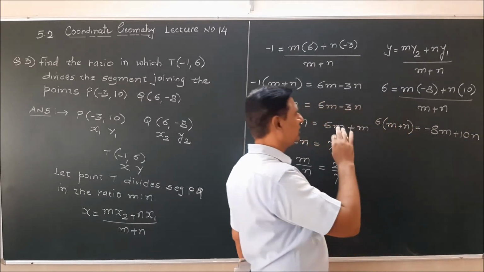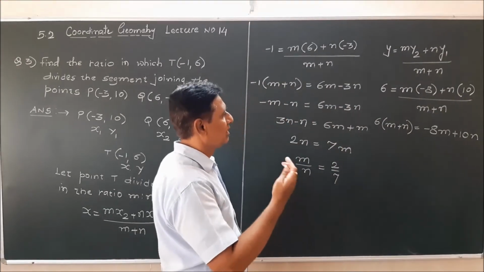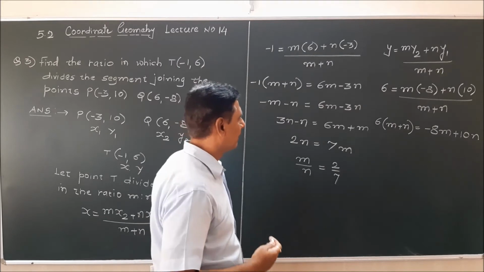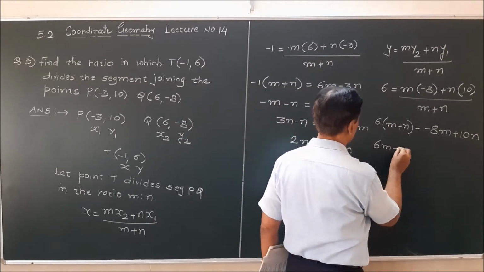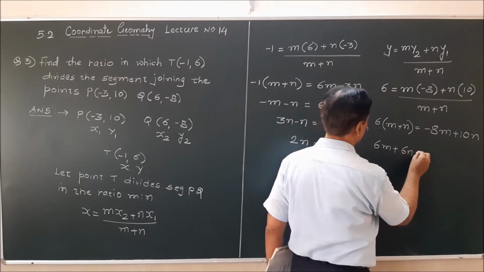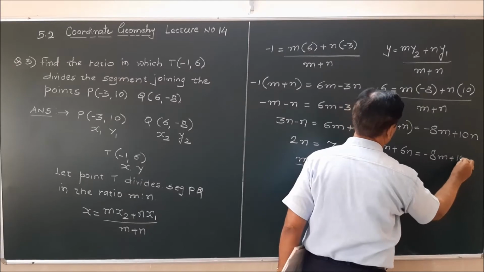Same way, I open the bracket, minus 8 into n is minus 8n plus 10n. So 6n plus 6n, that is equal to minus 8n plus 10n.